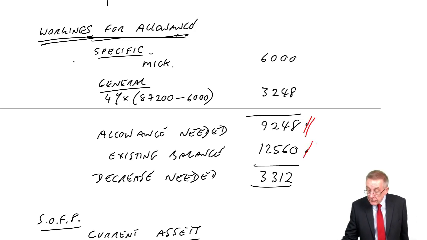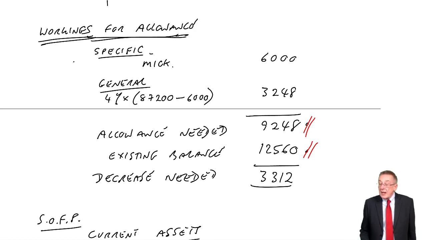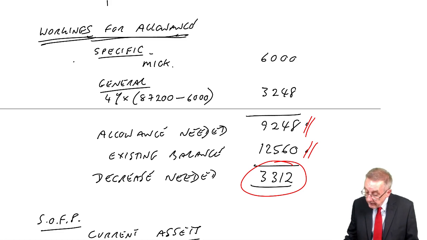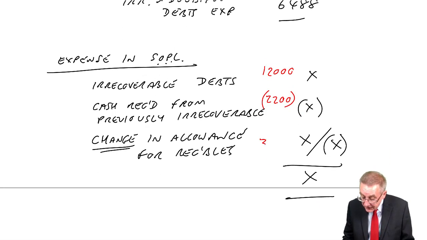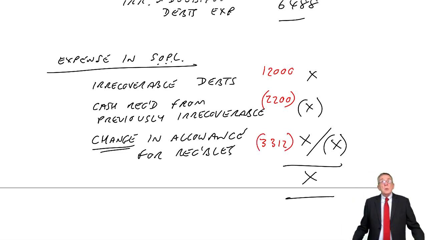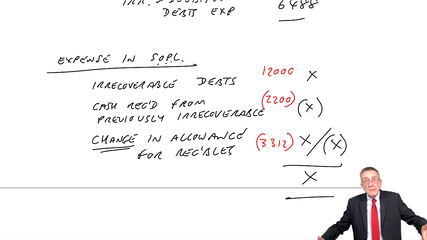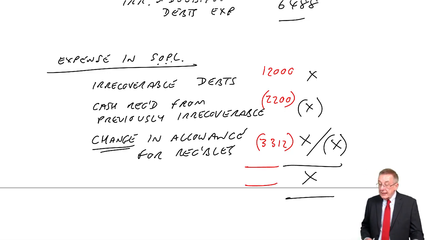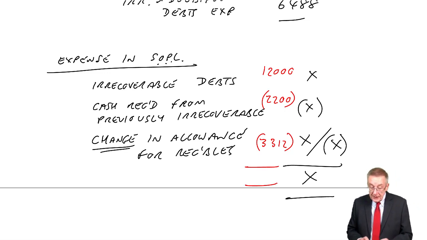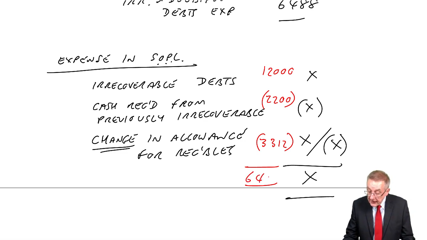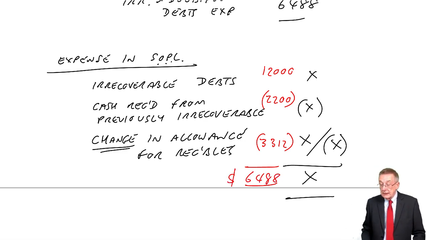There was already an allowance of 12,560. Here, the change, we reduced it by 3,312. So because we reduced it, it's a negative expense. Had we increased the allowance, it would be an expense we'd add on. But what's the net cost of everything? 12,000 minus 2,200 minus 3,312. I hope I've got the same figure. Yes, I have. 6,488.